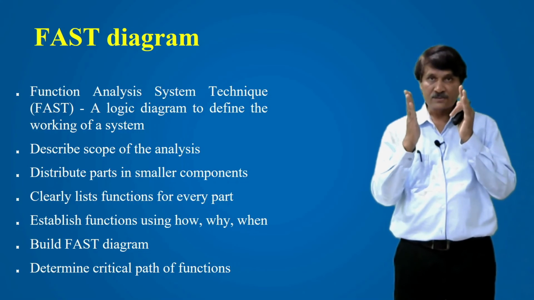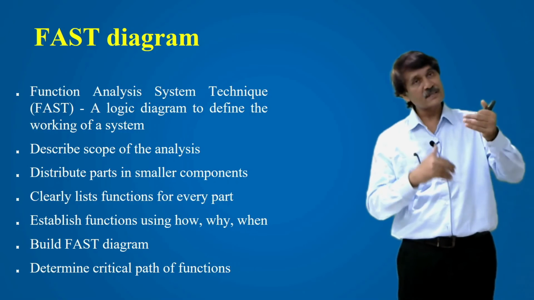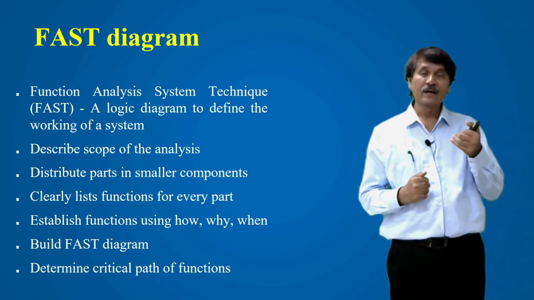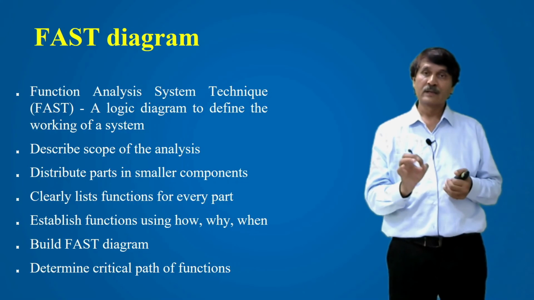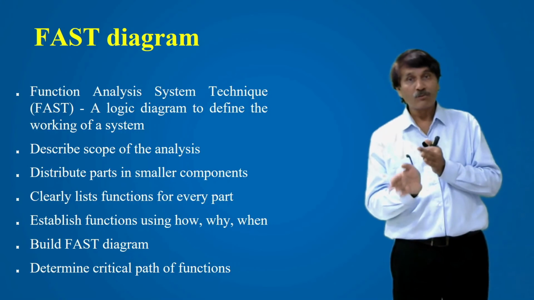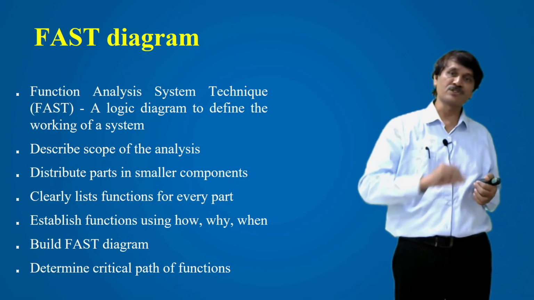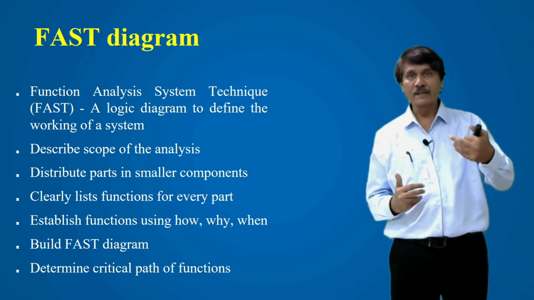So this FAST diagram is also giving you the list of functions. It is listing clearly what the functions are for a specific part. Then you are going to ask how, why and when. These questions you are going to ask. On the basis of that you are building a FAST diagram.